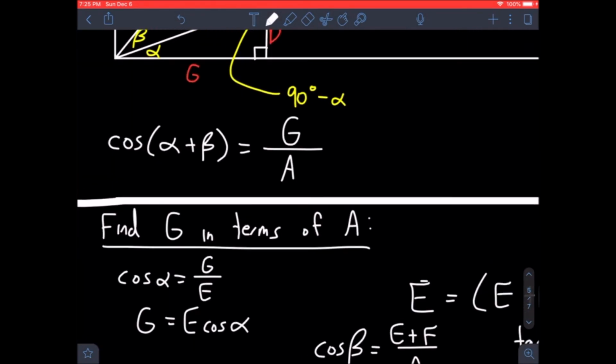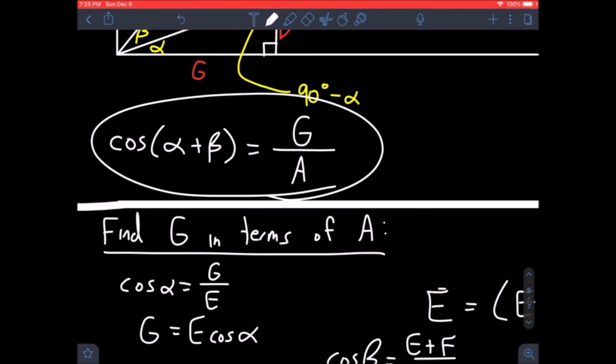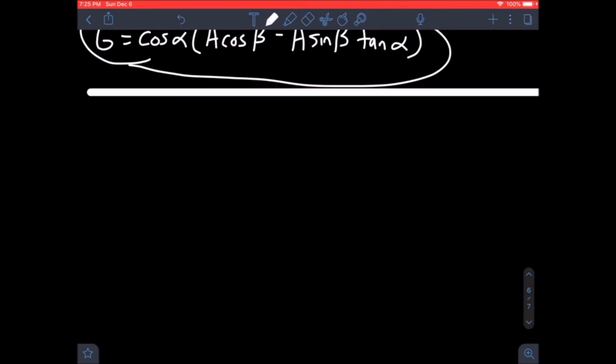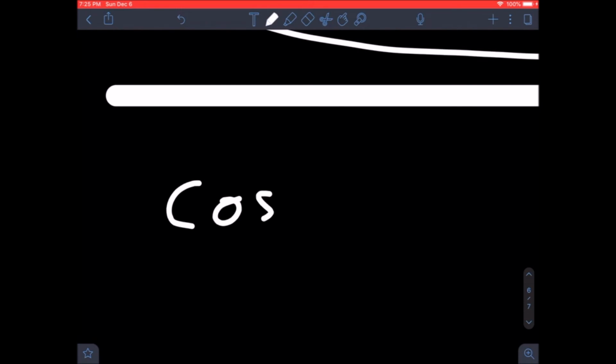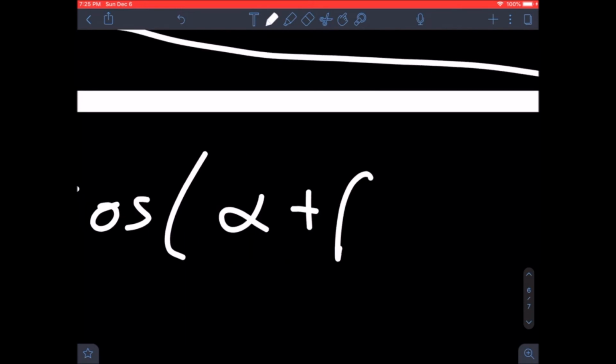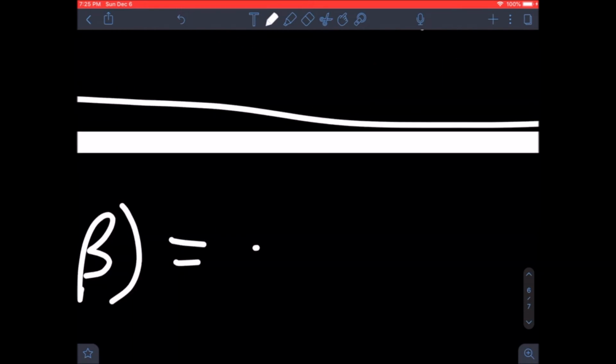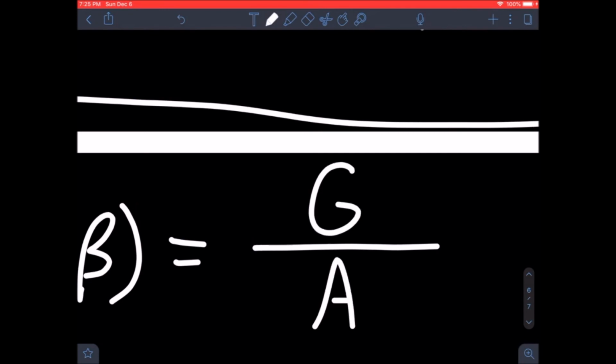Okay, we're ready to take what we originally had, which is cosine of alpha plus beta, which we said was equal to G over A. And remember, all we wanted to do was find what G is in terms of A, so we can get the lengths to cancel out.